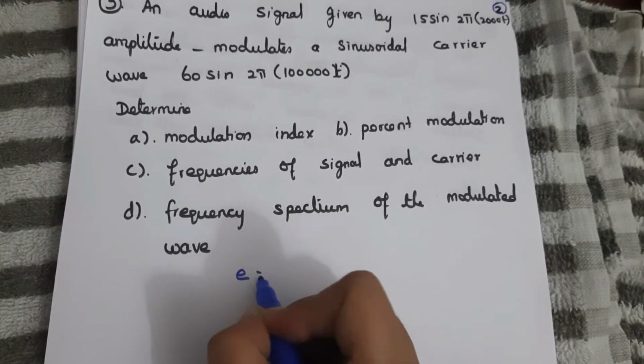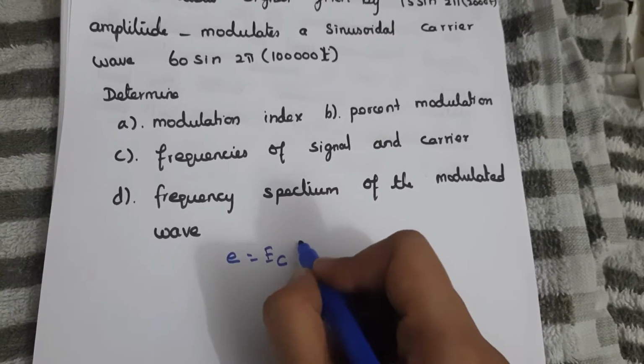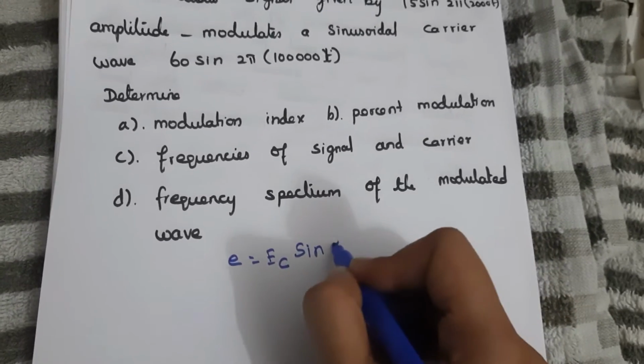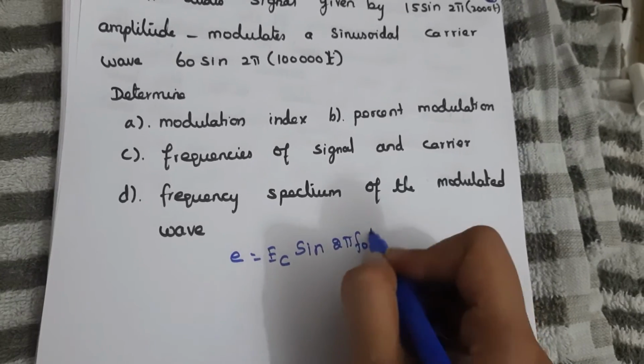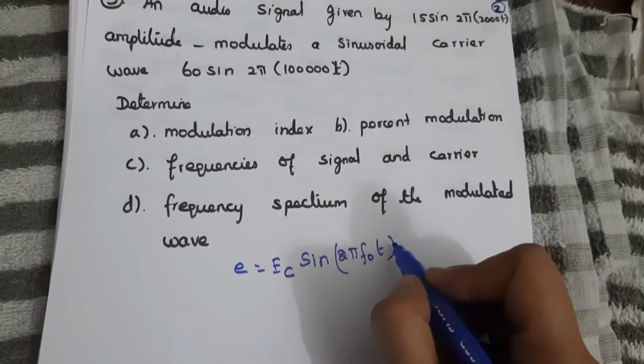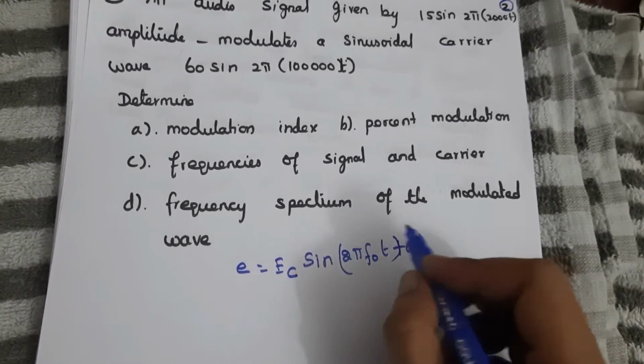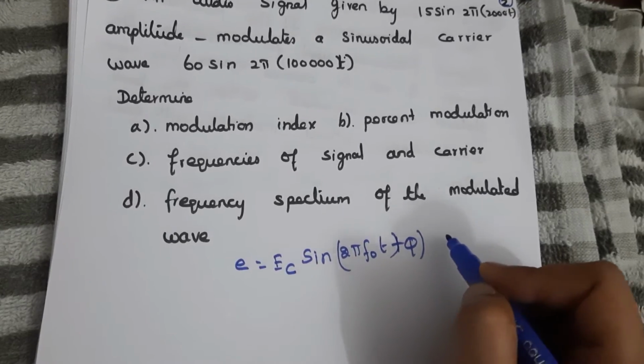If you consider E is the sinusoidal wave, we can represent this E as EC sin 2 pi f naught into t. This is the mathematical expression of any sinusoidal signal.